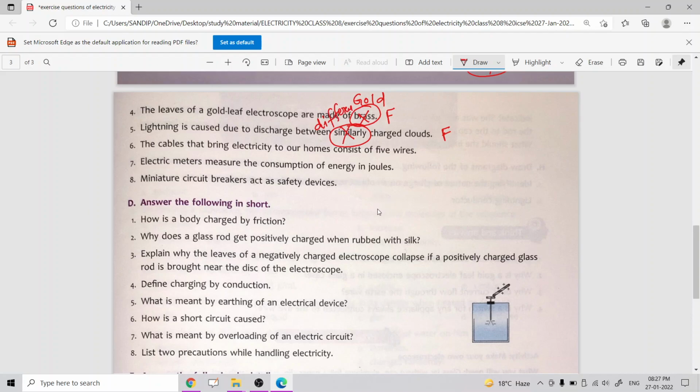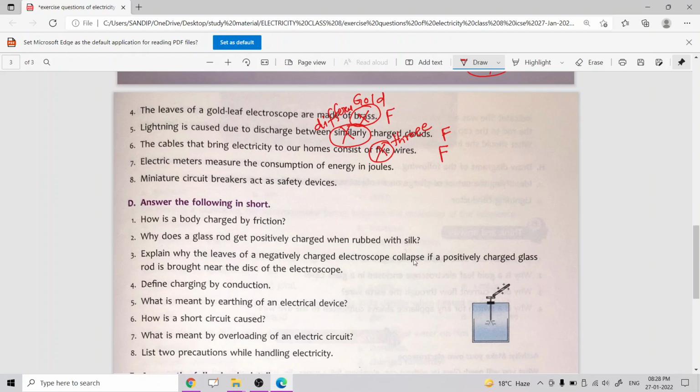Now the next one is, the cables that bring electricity to our homes consist of 5 wires. It is also false. The correct statement is, the cables that bring electricity to our homes consist of 3 wires. Okay, only 3 wires: live, neutral and earth.